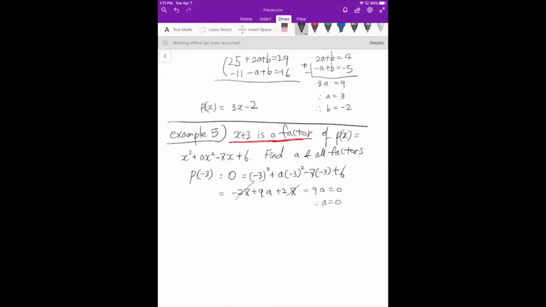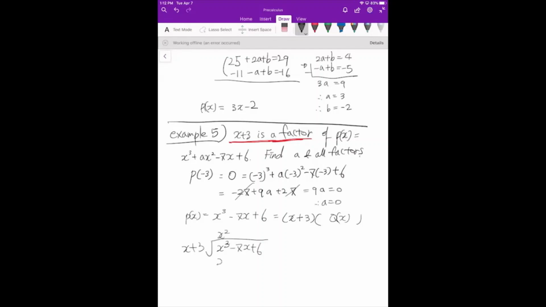And then how do you find all the possible factors here? Well, P(x) is now cleaner: x cubed, a is 0, so minus 7x plus 6. And you know that one of the factors is given as x plus 3. So you just have to divide x cubed minus 7x plus 6 by x plus 3.